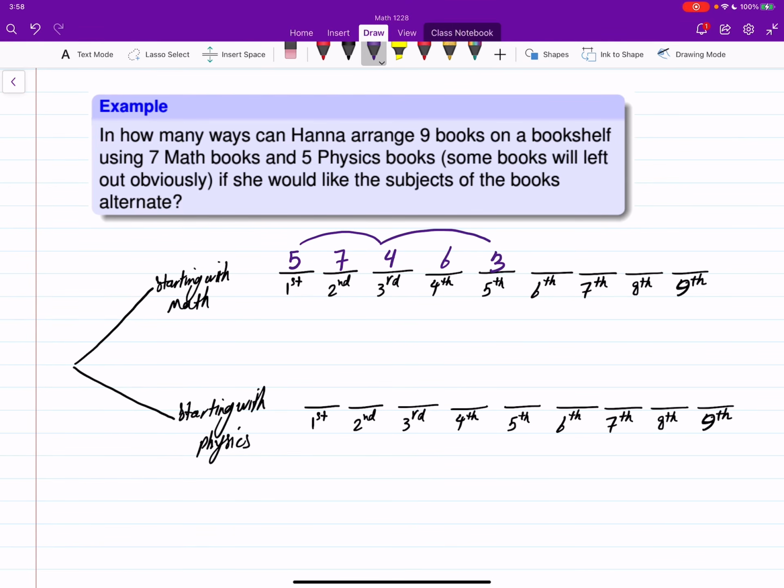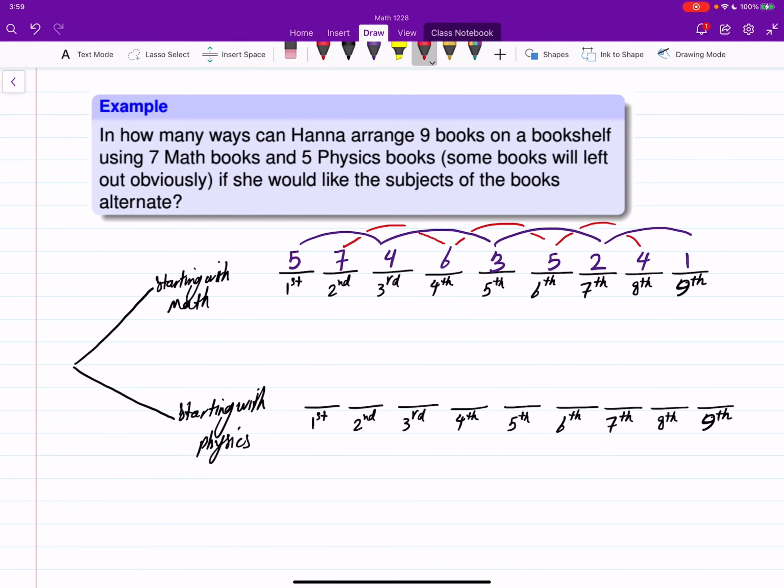You see, these are the math ones. Then the next math will be in the 7th place, and there will be 2 there. And then the next math will be in the 9th place, and there is only 1 possibility. For the physics, I started with 7, and now in the 6th place I can put only 5 of the physics books available, and then in the 8th one we have 4 of them.